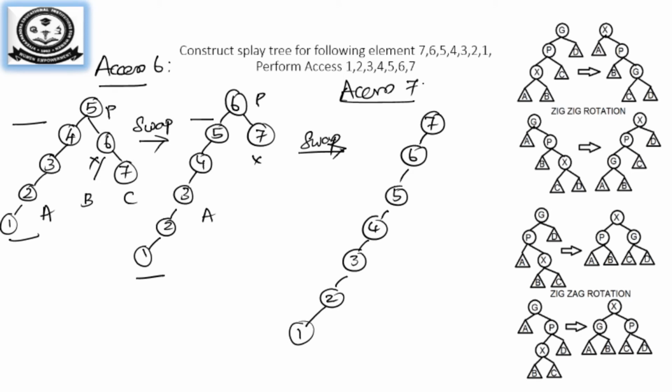Okay. So this is for performing access 1, 2, 3, 4, 5, 6, 7. You can see the original diagram is retrieved after accessing all the elements.